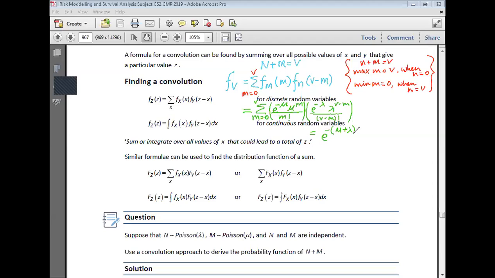I think the rest would be as it is. So what do we have? We have summation m going from 0 till v, and we'll be left with mu raised to m, lambda raised to v minus m upon m factorial and v minus m factorial.